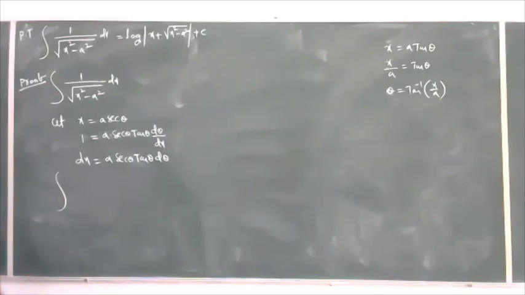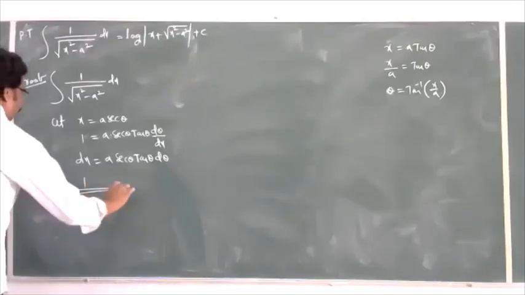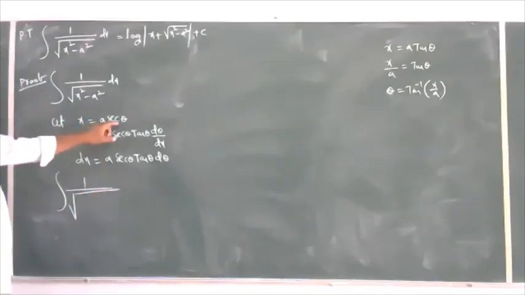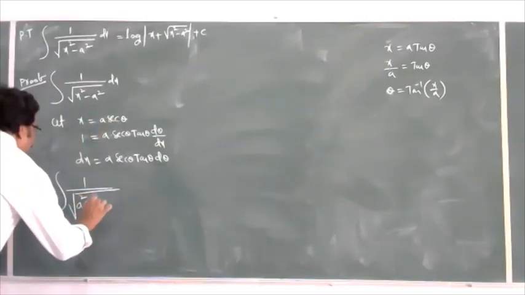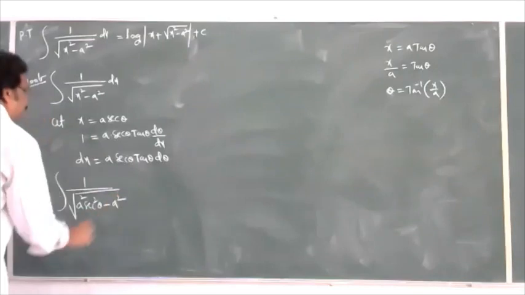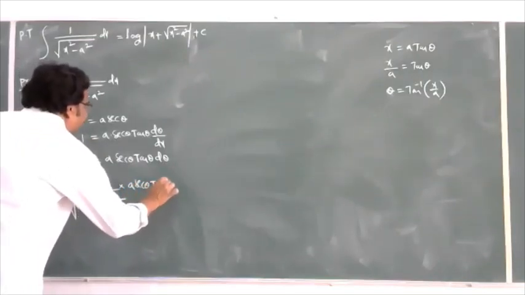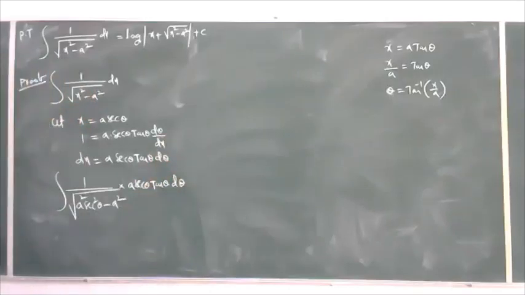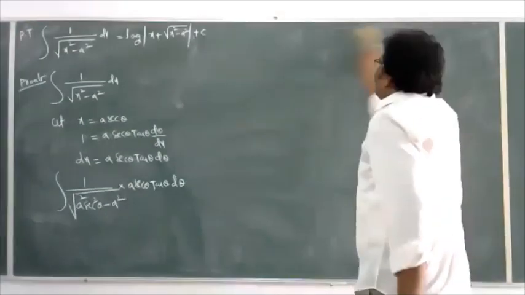That is integral 1 by root of x square. X is equal to a secant theta, so x square is a square secant square theta minus a square, and dx is a secant theta into tan theta d theta. In the denominator, in that root, a square is common.